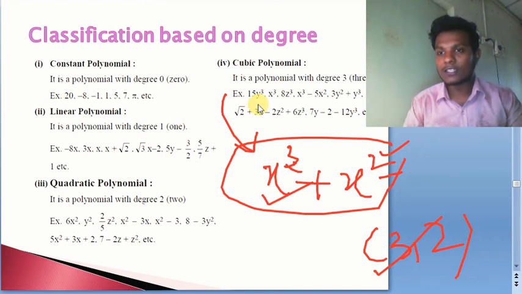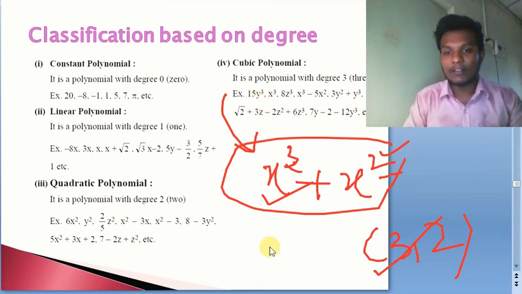In the first classification, we saw how we can classify depending upon the number of variables involved. If the number of variables involved is 1, we call it a one variable polynomial, then two variables polynomial, three variable, four variable, like that. In this particular case, we are focusing on the degree. If the degree is 0, it is going to be constant. There is one more case left.